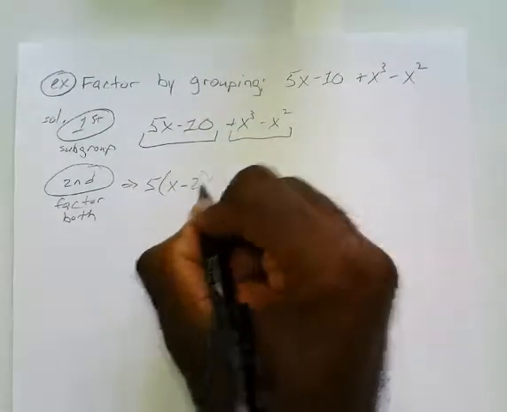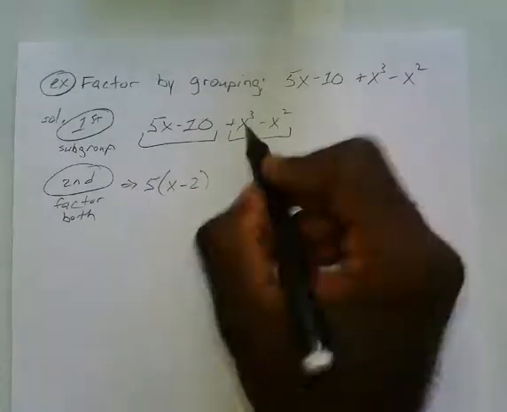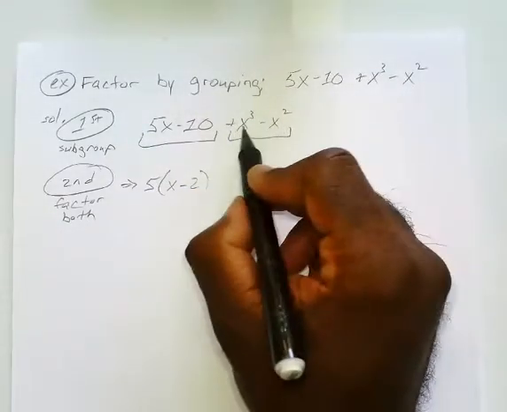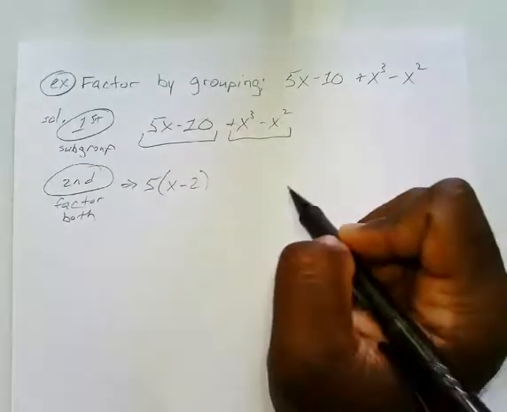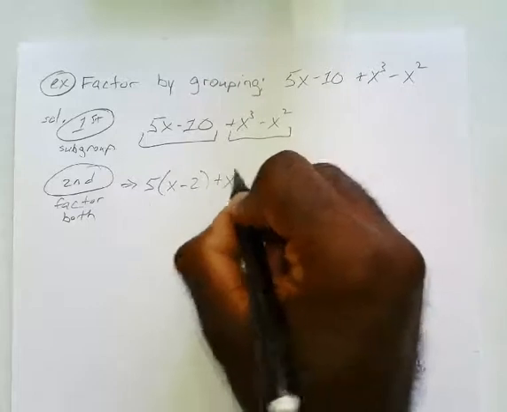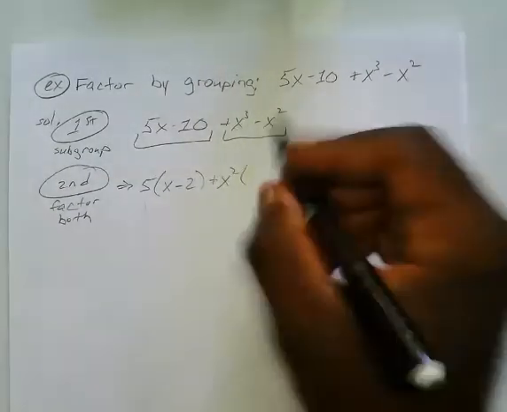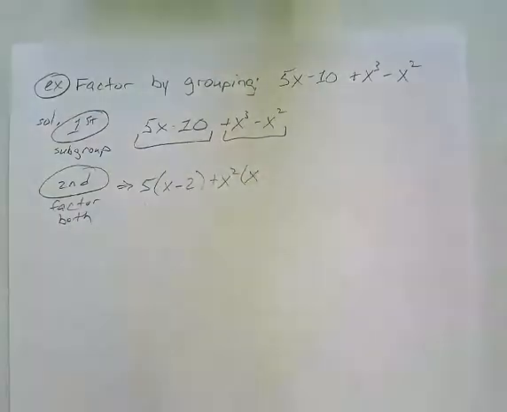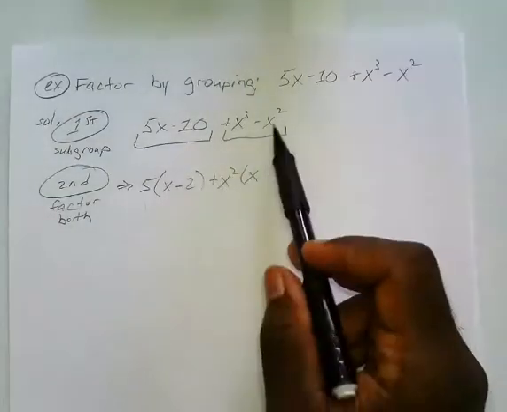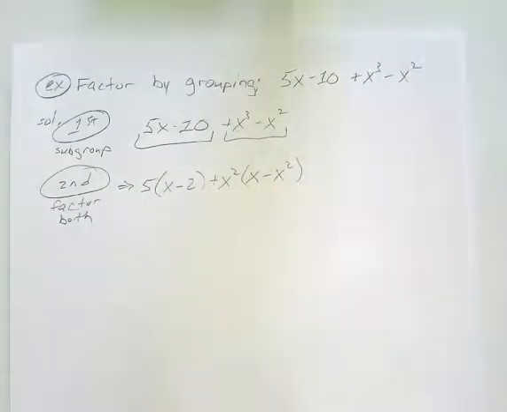That would be minus 2. Now we go ahead and factor from these two. You have x to the third and x squared. You can factor out the smallest exponent, which is x squared. x squared times what gives you x to the third? That would be x squared times x. And x squared times what gives you negative x squared? That's minus x squared.